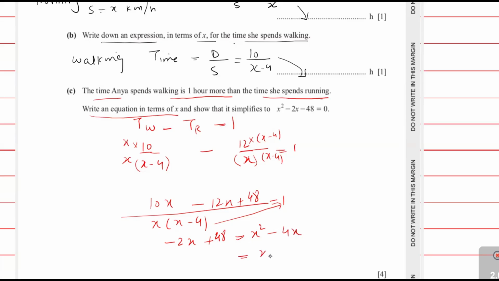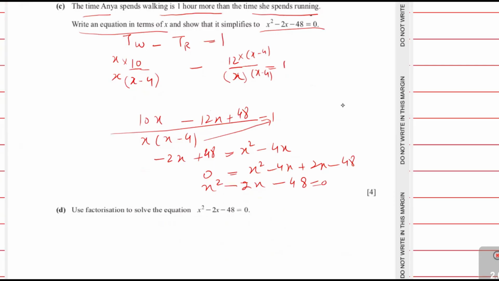This becomes x squared minus 4x plus 2x minus 48 equals 0. And this becomes x squared minus 2x minus 48 equals 0. And this proves x squared minus 2x minus 48, and this is the answer.